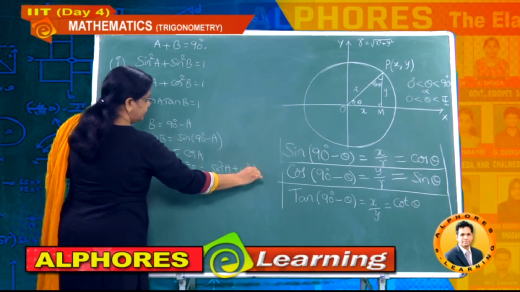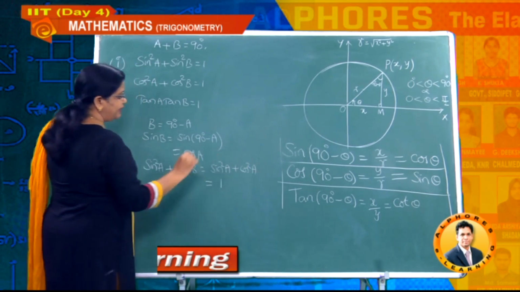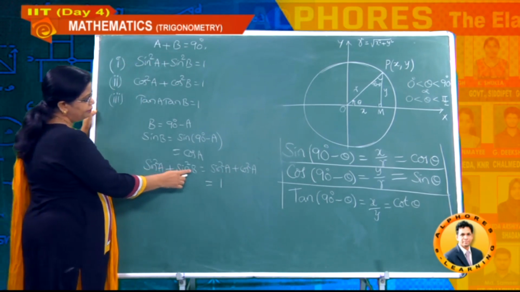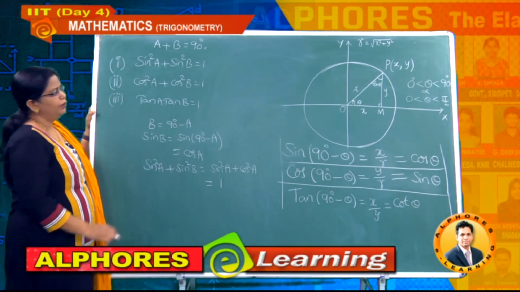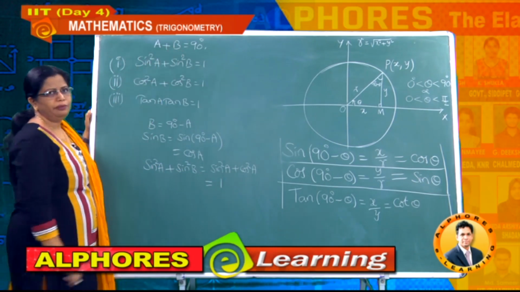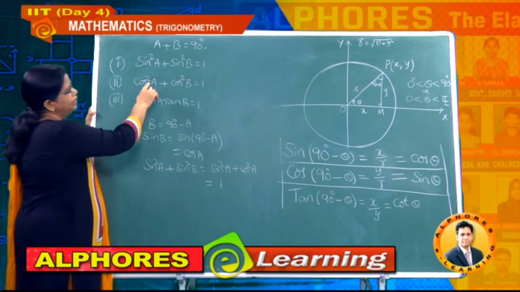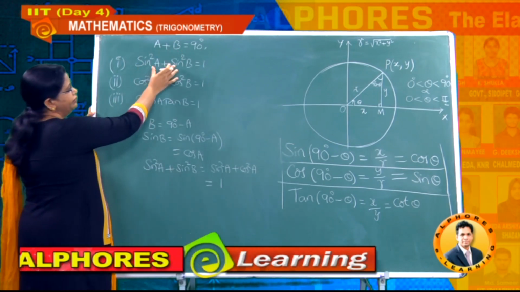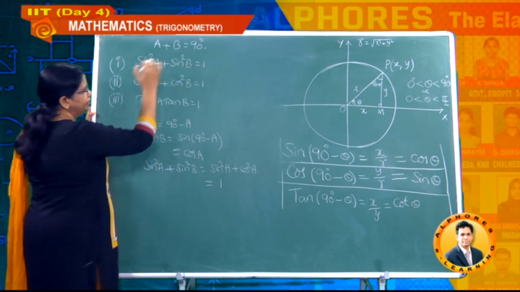This identity you know already. What is this value? It is 1. Therefore you got sin square a plus sin square b equal to 1. So once you know the two angles are complementary angles, no need of writing every time in this way, just have a glance, then immediately you write the answer as 1.